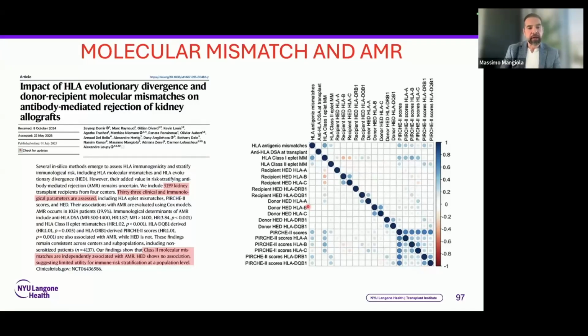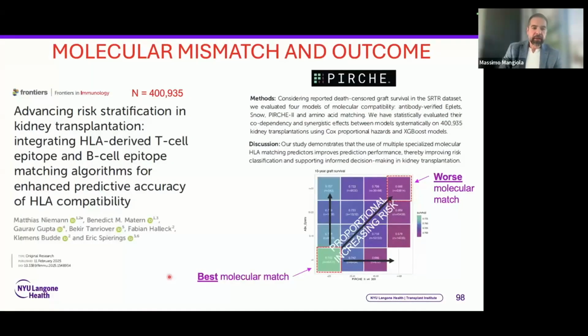And they were able to show that, as compared to the allele level difference that exists between patient and donor, the molecular difference at T and B cells are independently associated with AMR. And because 5,200 was not enough, PIRCHE did a study on the SRTR with more than 400,000 transplants, where they looked at the same thing.